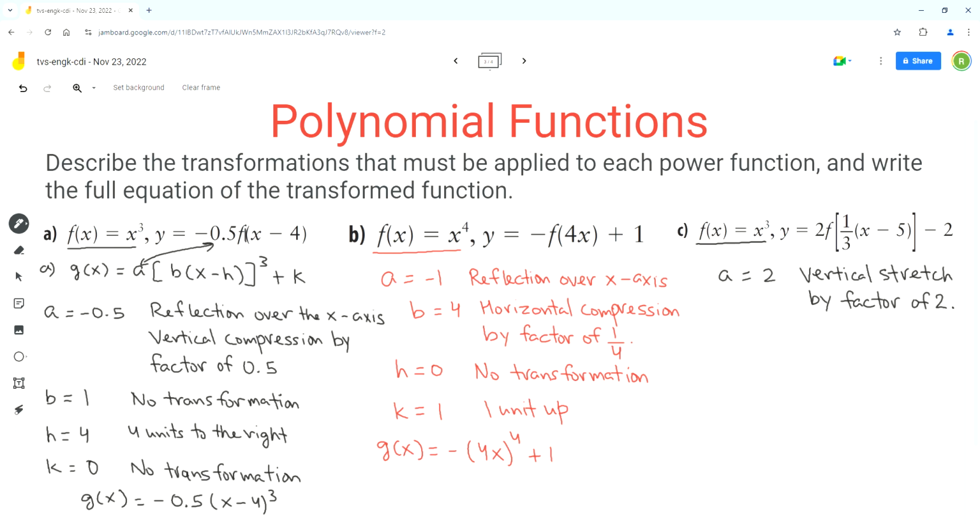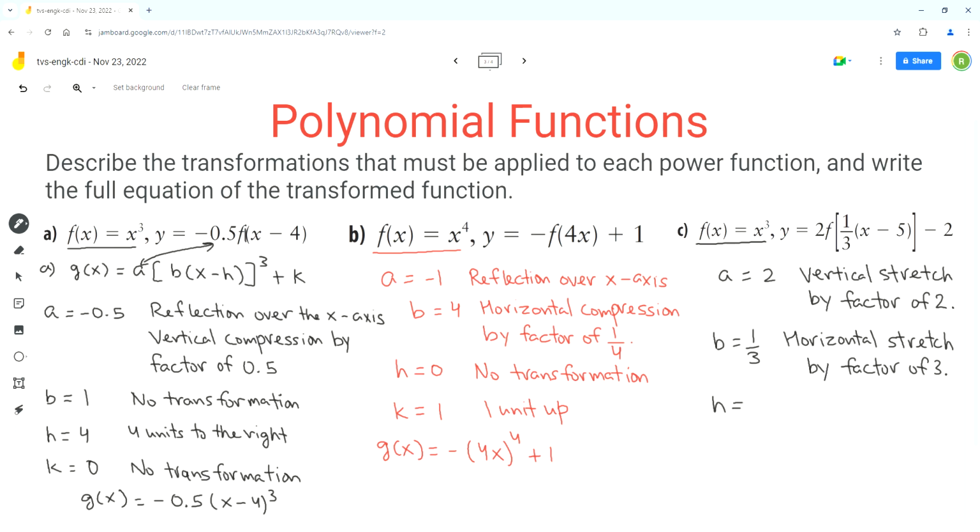B is equal to 1 over 3, the number outside the parentheses but inside the function f. There is a horizontal stretch by a factor of 3. H is the number in the parentheses with x.